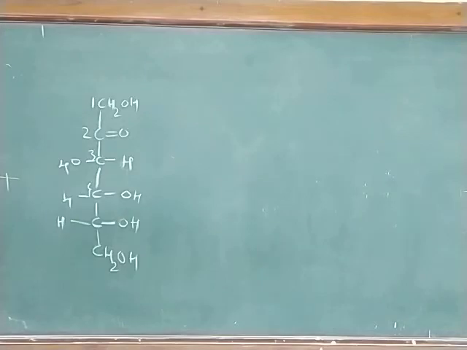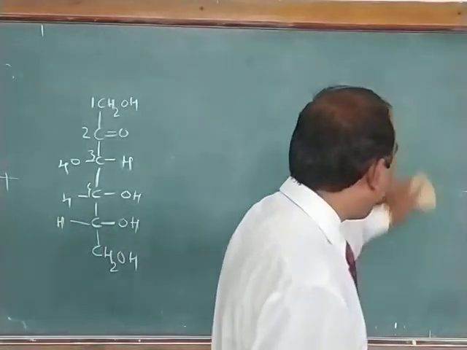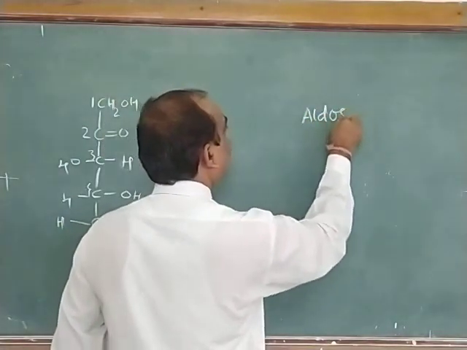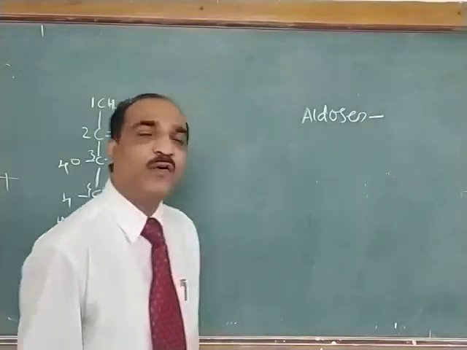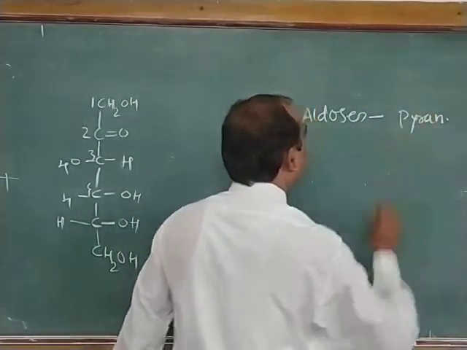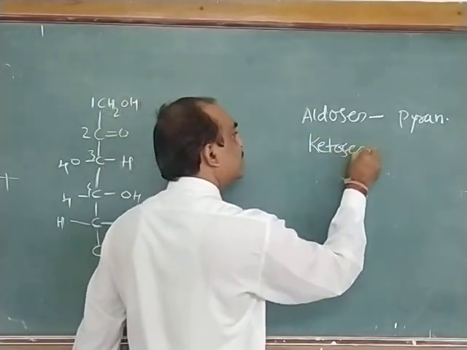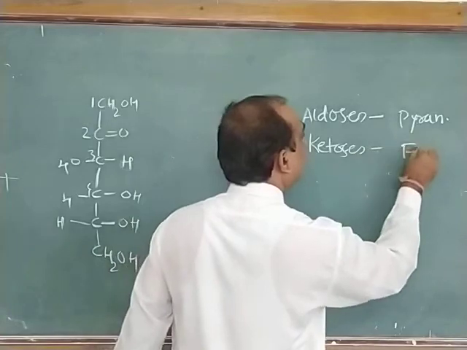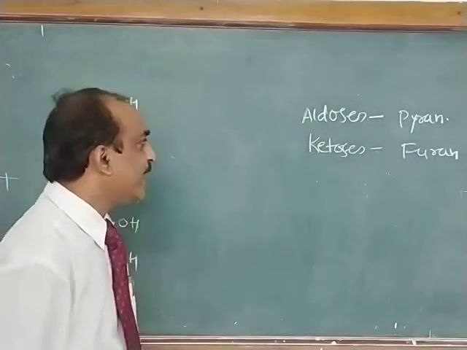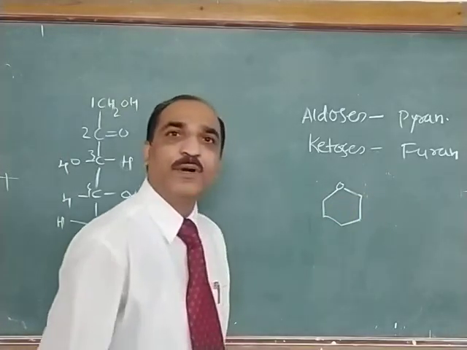Then, in the previous structure, in case of aldoses, we have seen there is the formation of a pyranose, a tetrahydropyran. In case of ketones, you can see a furanose, a tetrahydrofuran. So pyran is where you have a 6-membered ring.